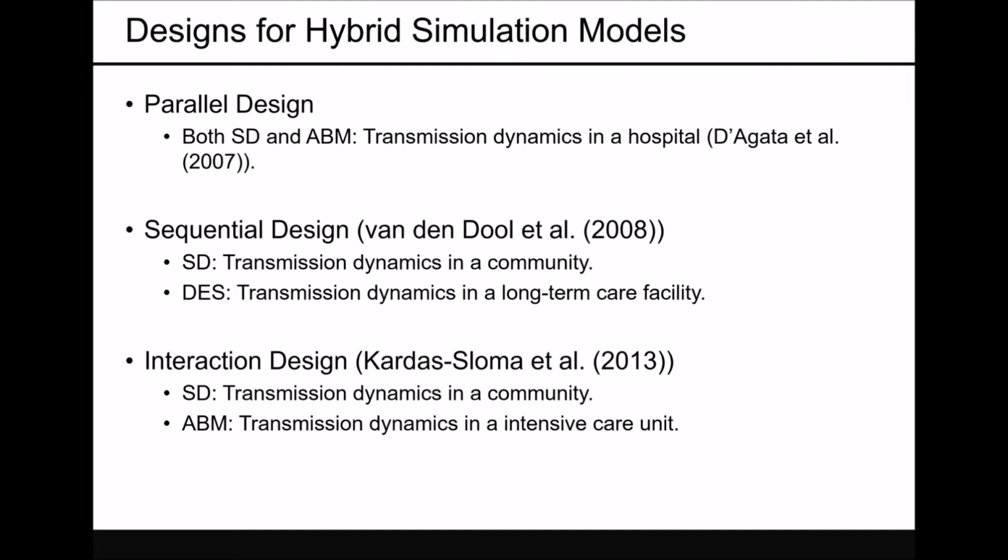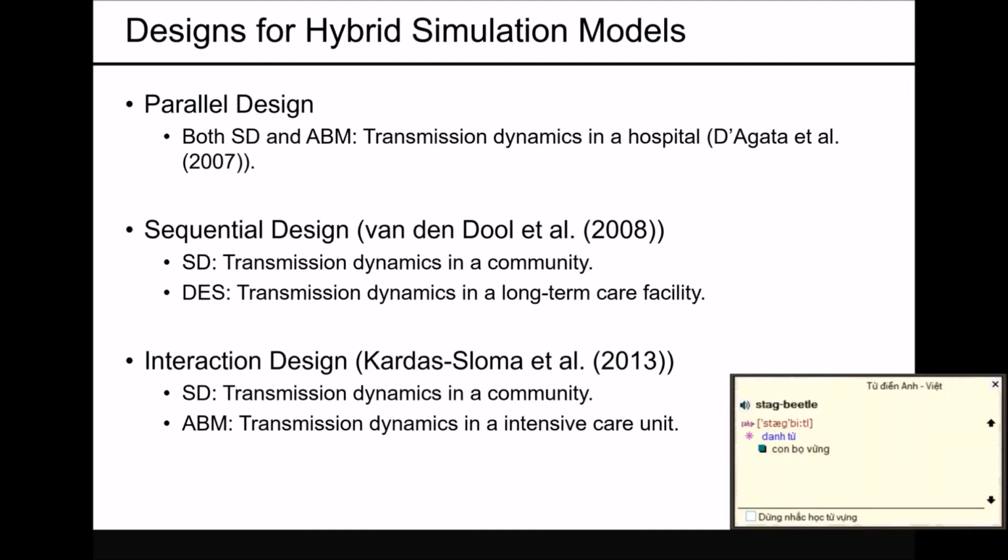In the study of Van Doing in 2008, they used a sequential design in which system dynamics and discrete event simulation were combined to capture different parts of the same system. In their study, a system dynamics model was first built to simulate an influenza pandemic in the community.